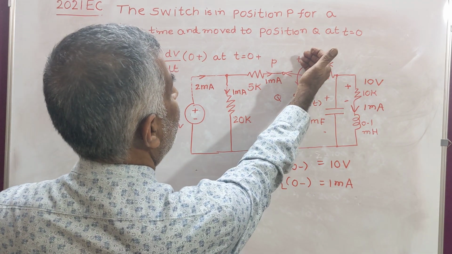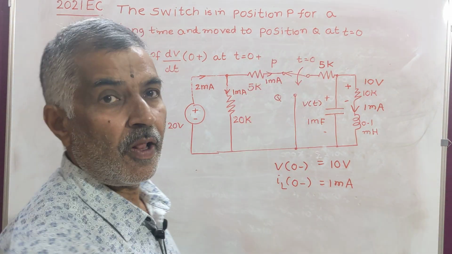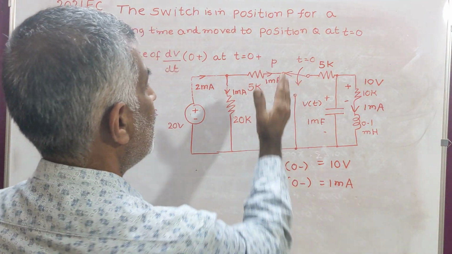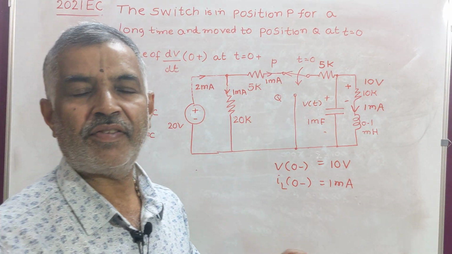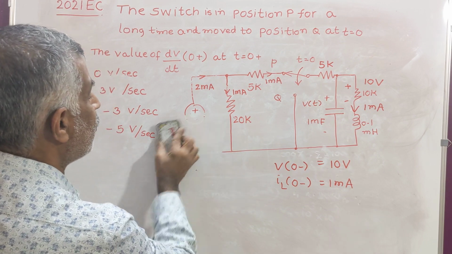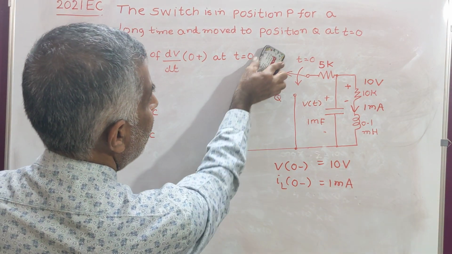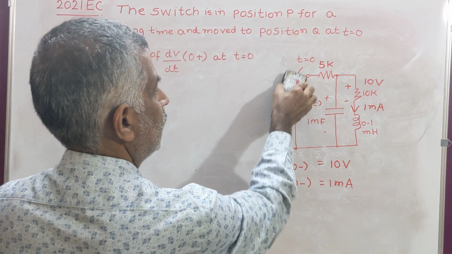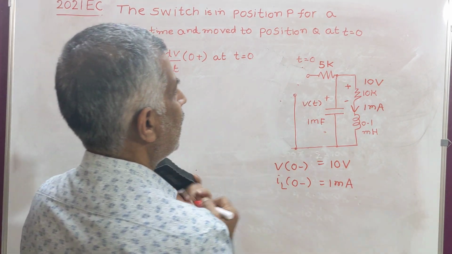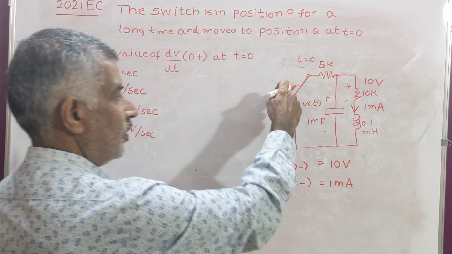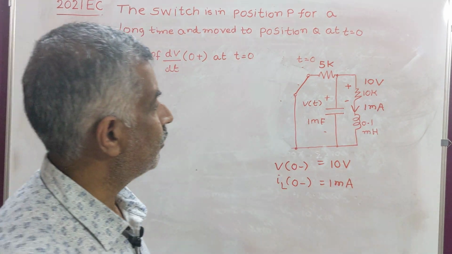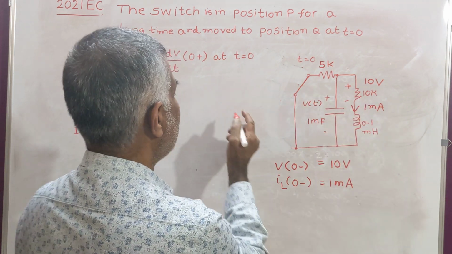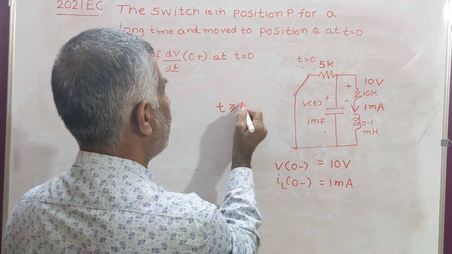Now you redraw the circuit for the new position of the switch. Now the switch is moved from position P to Q. When the switch is moved from position P to Q, this part of the circuit is removed, physically removed. Then this is going to be connected. Now this is the network that results for t greater than or equal to 0.